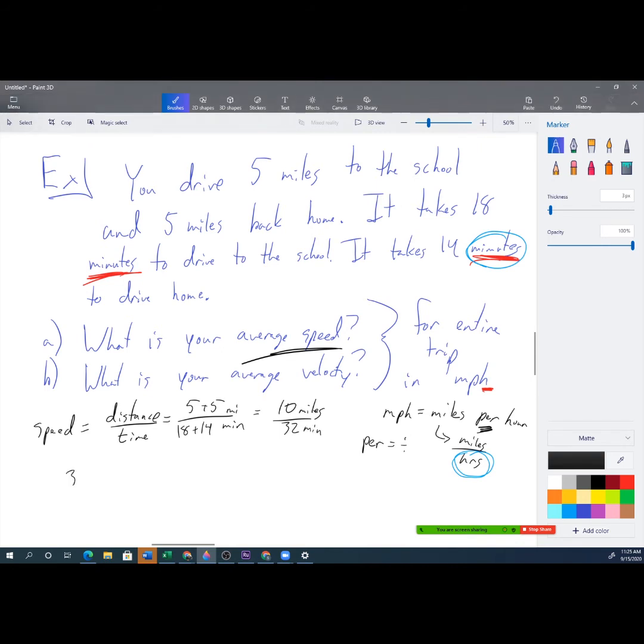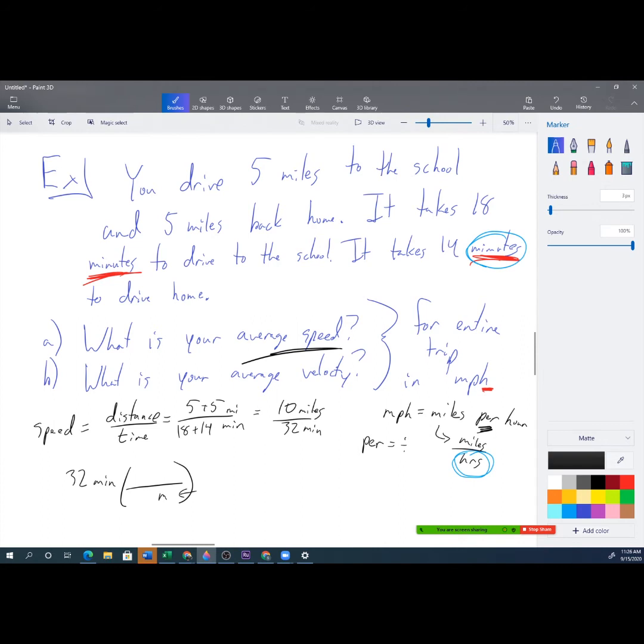Now, let's take that 32 minutes and convert it so we can solve the problem the way I'm asking. So going back to first week stuff, or maybe that was second week we hit that. When I'm converting between minutes and hours, what unit goes on the bottom?